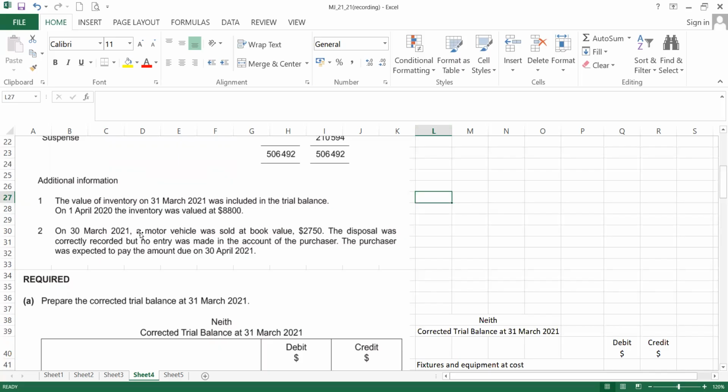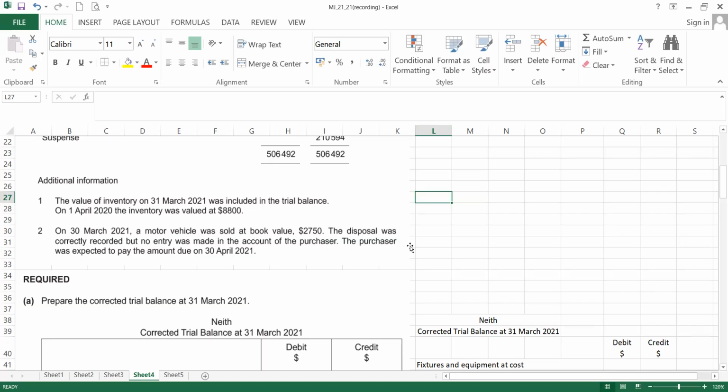On 30th March 2020, a motor vehicle was sold at book value 2750. The disposal was correctly recorded, but no entry was made in the account of the purchaser. The purchaser was expected to pay the amount due on 30th April 2021. So this is our omission, a one-sided omission.